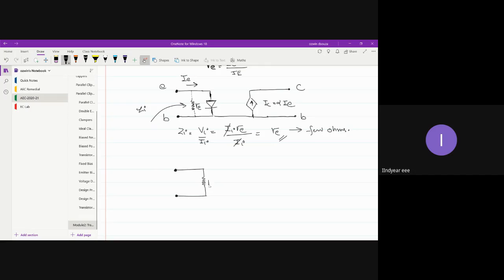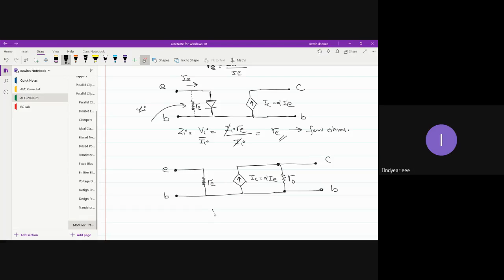Simply you can write RE here. This is emitter and base. And on the output side, you can just draw the controlled current source with IC is equal to alpha times IE. And you can also draw R0. This is collector and base terminal.